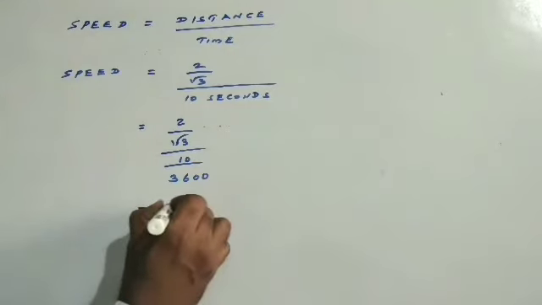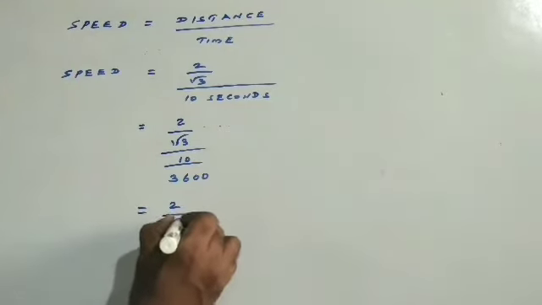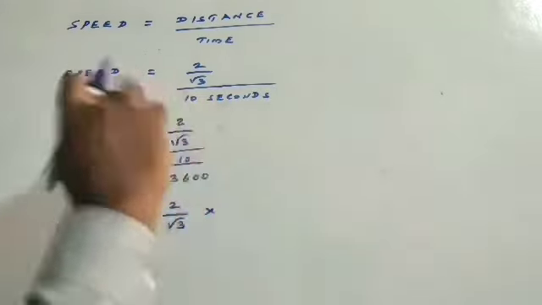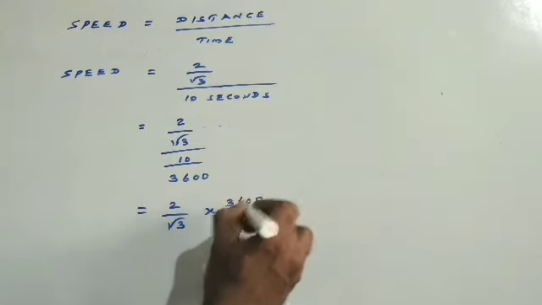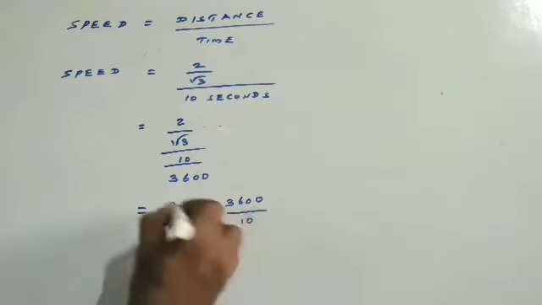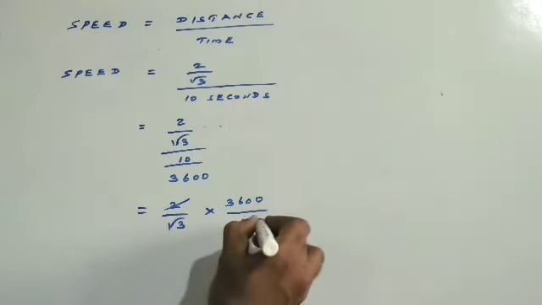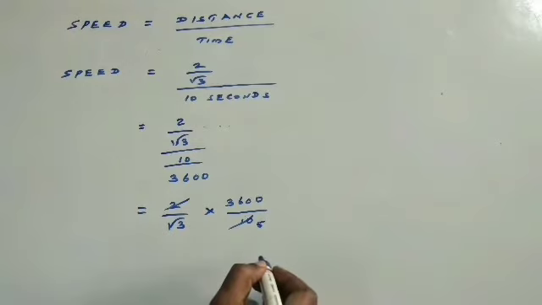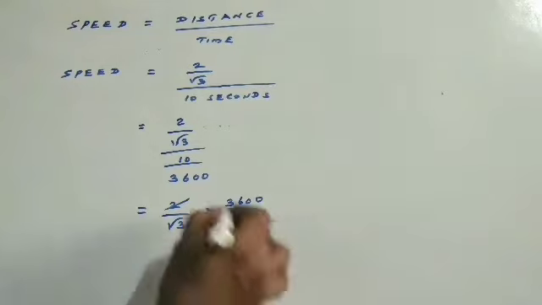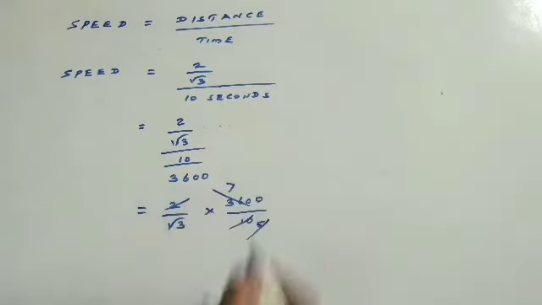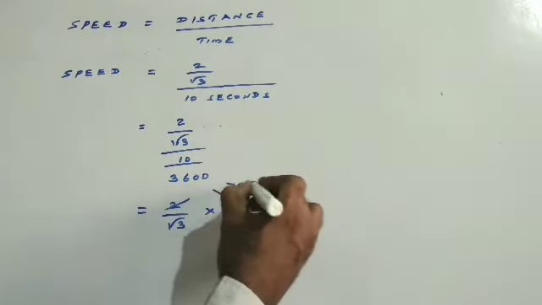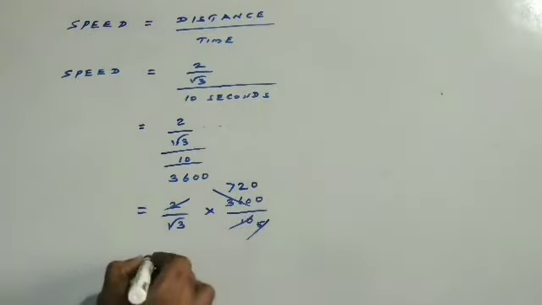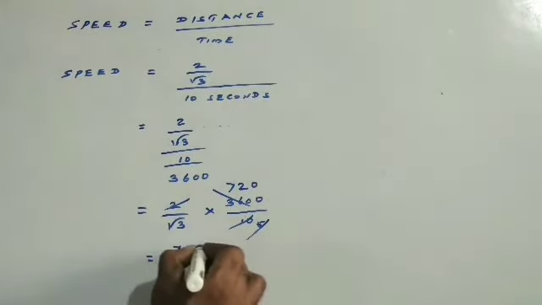So now 2 by root 3, the fraction becomes reciprocal, so 3600 by 10. 1 2 is 2, 5 2s are 10. Now we can cancel 5 under 3600. 1 5 is 5, 7 5s are 35. The remaining 1, 1 0, 2 5s are 10. Now put 0. So 720 by root 3.